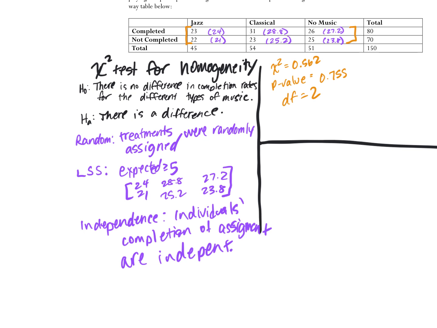All right, so all that's left is to do our conclusion. We're going to say since 0.755 is greater than 0.05, what are we going to do? Fail to reject the null hypothesis.